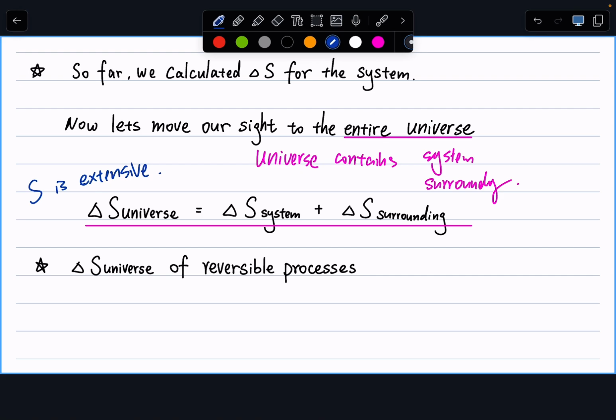All right, so before talking about a fully reversible system, we're just using the extensive nature of entropy to write delta S universe equals delta S system plus delta S surrounding. And then we'll look at reversible processes and irreversible processes to get an idea about what delta S of universe looks like.